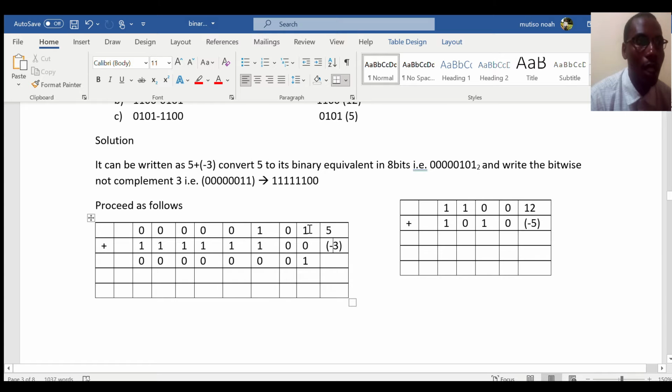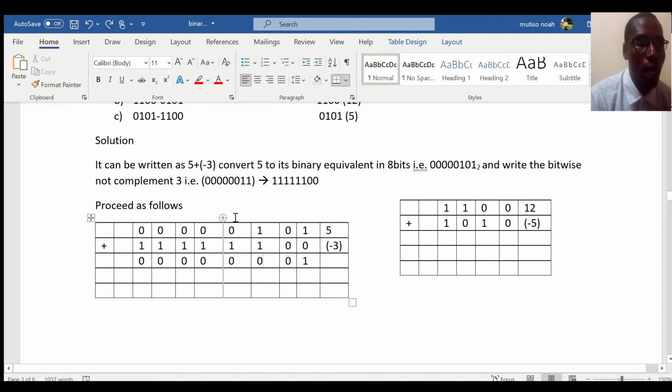Now, you add this row to the row which is below here. How is it done? This is how we do it. We have done it before, so it is not unfamiliar. We did it in the previous tutorial. 1 plus 0 is 1. 0 plus 0, you get 0. 1 plus 1, you get 0, but you carry 1 to this column.